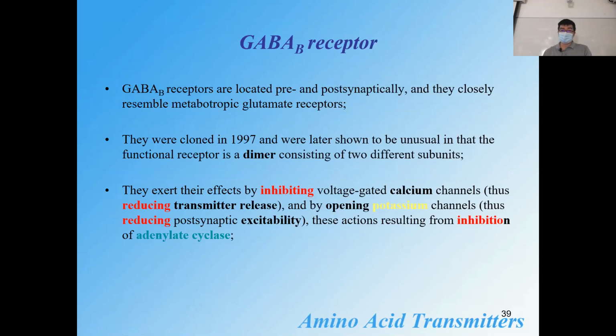But the GABA B receptor has not been studied in detail, particularly because this is a G protein coupled receptor, so it's a little bit more difficult to study. Whereas the fast-acting response, changing the membrane potential, those are the receptors better studied.